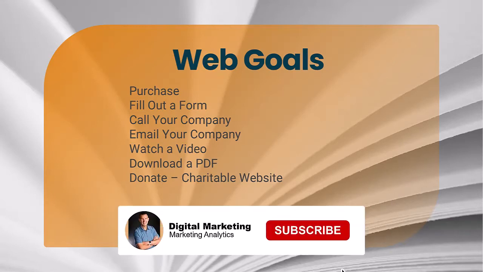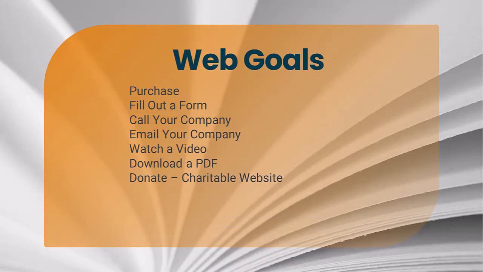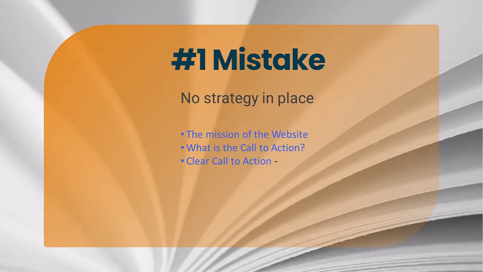What are you trying to accomplish with the website? How does this work with your other marketing materials, if you've got store locations? The website needs to be part of an overall marketing plan and not just the individual tactics of setting up a conversion. So you want a clear call to action, and sometimes these are different depending on the landing page.